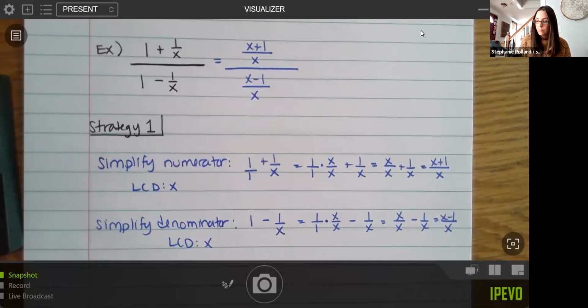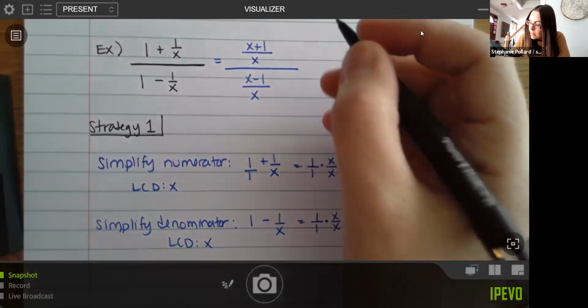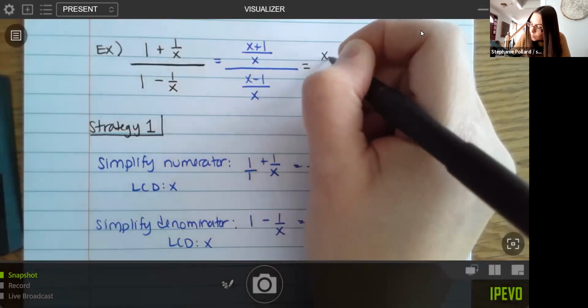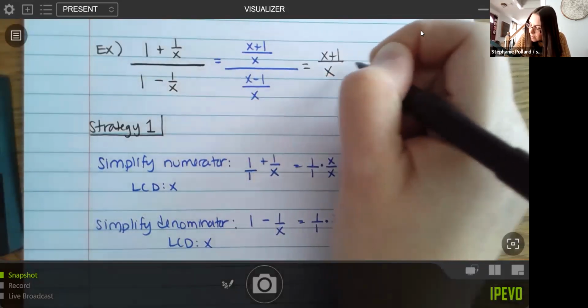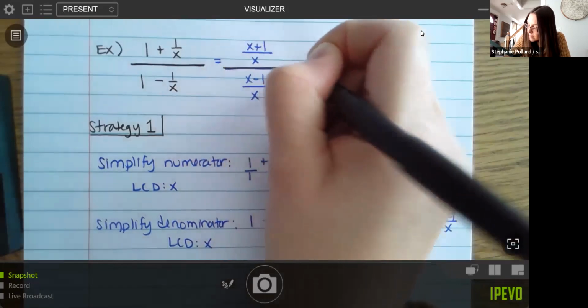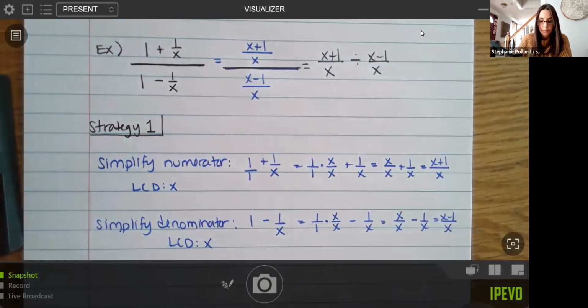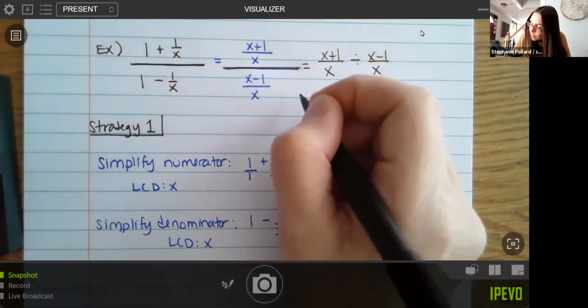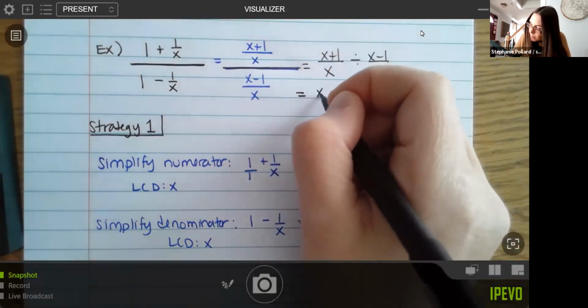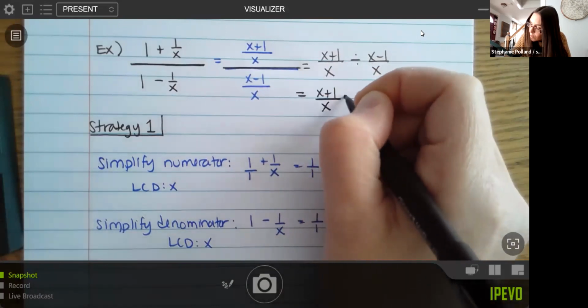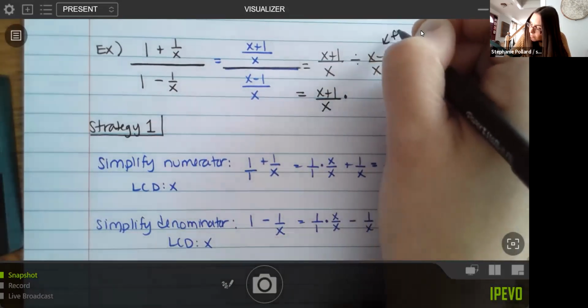So now what you do is you can rewrite this. So this is the same thing as x plus 1 over x, again, this is my divided-by line, divided by x minus 1 over x. So your first part stays the same, and then you flip your second fraction.